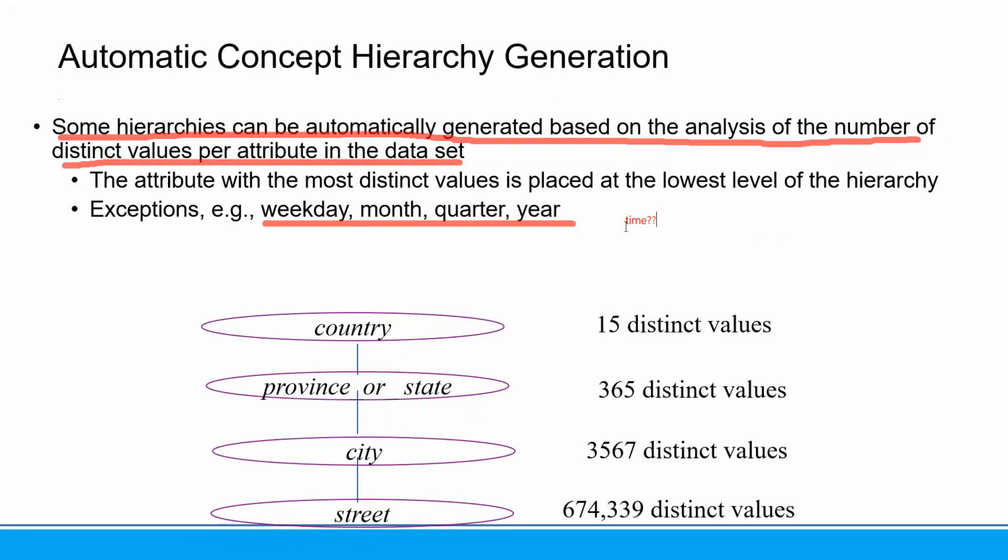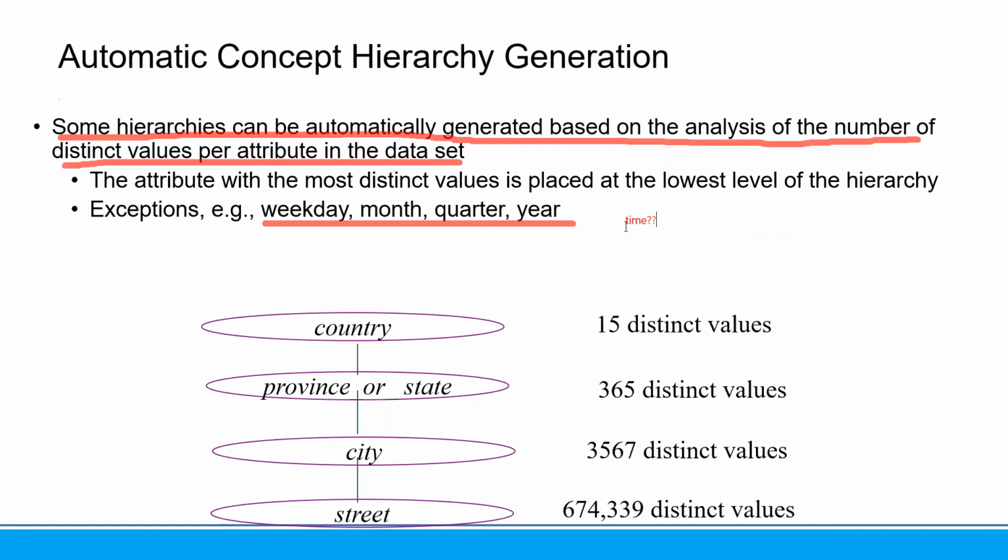For example, if you want to consider month and quarter, month and quarter overlap. Q1 consists of January, February, and March. Okay. So you cannot say January, comma, Q1. So it is not unique.